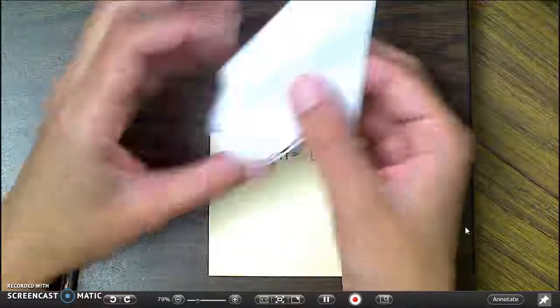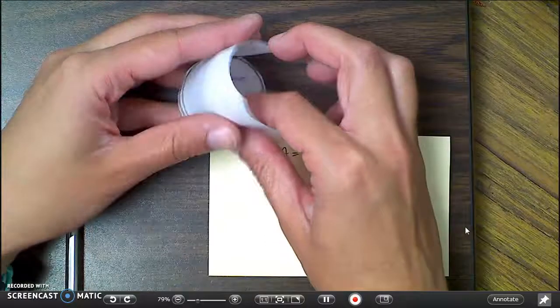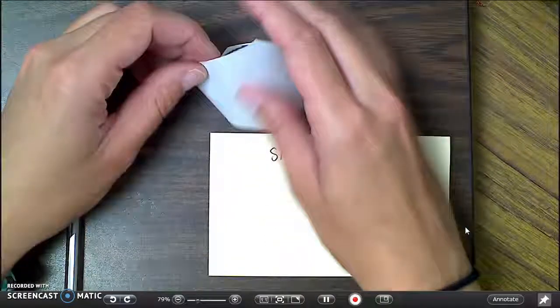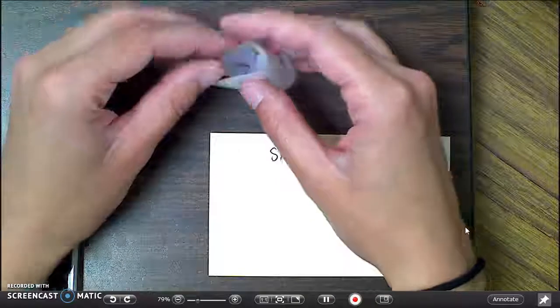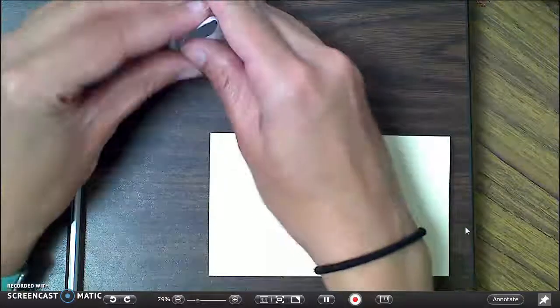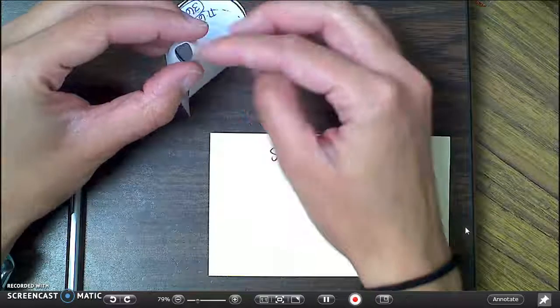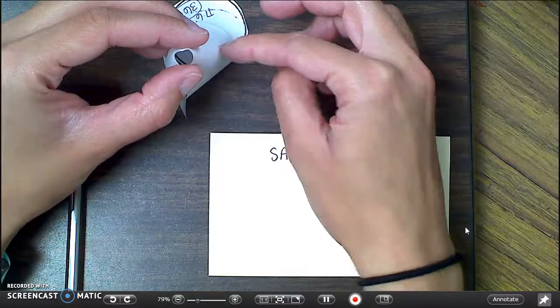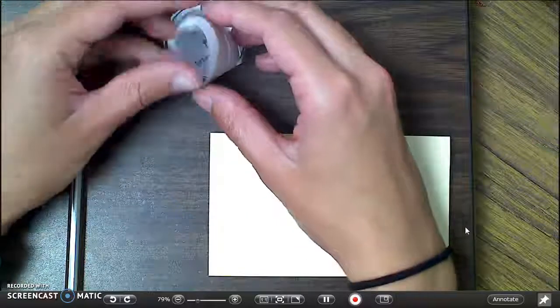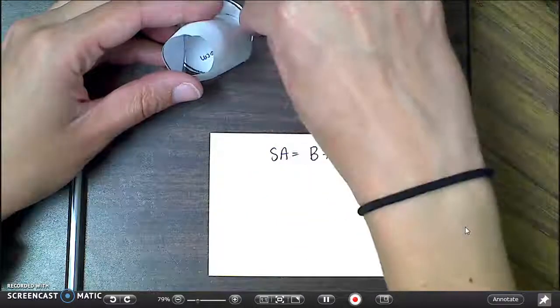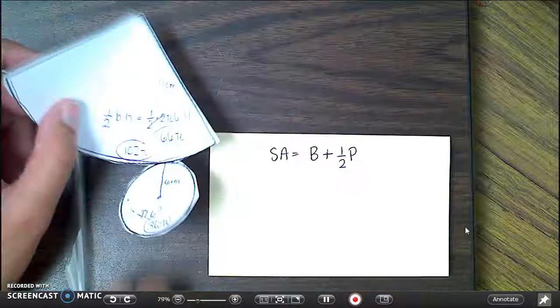If I construct this shape and make it into a cone, which is what this thing is called, 11 isn't really the up and down height. If I put this thing together, 11 is the height along the slanted edge. So up and down height would have to go straight from the center straight down, and that's not really what I have here.